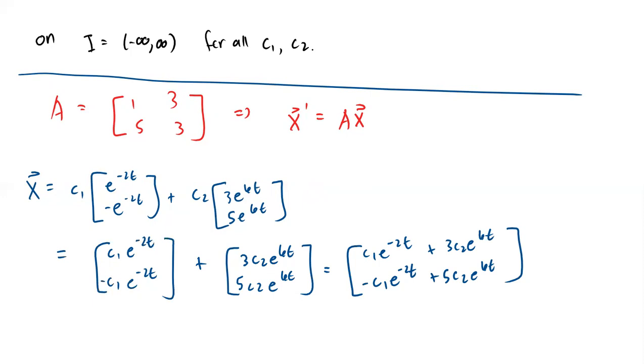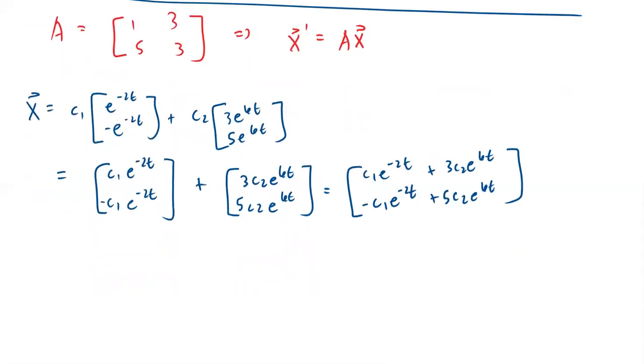Okay? So this is our x, and we need to find x prime. So x prime, just take the derivative of each entry. The derivative of the first entry, by the chain rule, is negative 2 C1 e^(-2t) plus 18 C2 e^(6t). I think I did that chain rule right.